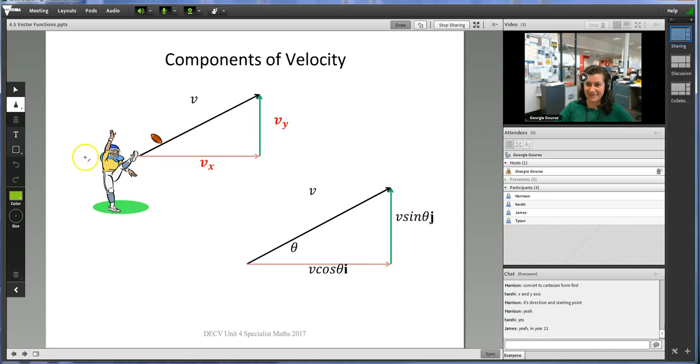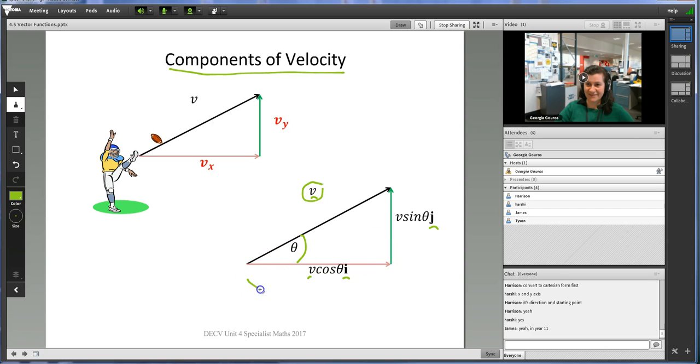Okay, so you can kick a football, and you can have an initial velocity you kick the football with. That's a vector, right? It's got a magnitude and a direction, and you can decompose that into x and y components, whatever your reference is, i and j components, x and y coordinates. Okay, so you have an angle of launch relative to the i direction and relative to the j direction. So if this is your velocity vector, you can decompose it into i and j components.